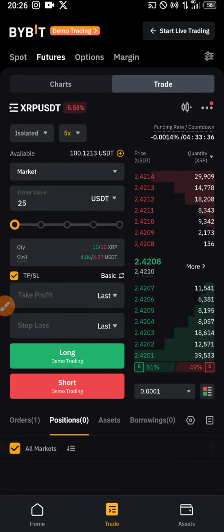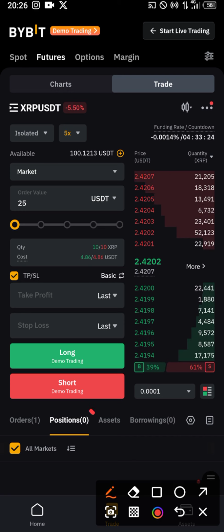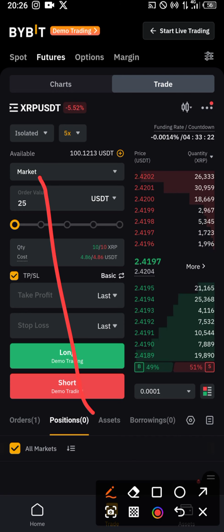This difference, where does it go? Bybit has charged me a taker fee, because I used a market order. I take liquidity from the market, so they charge me taker fee. You understand?